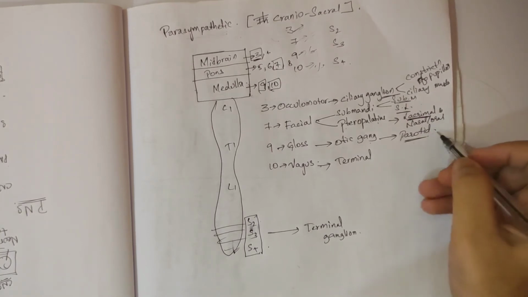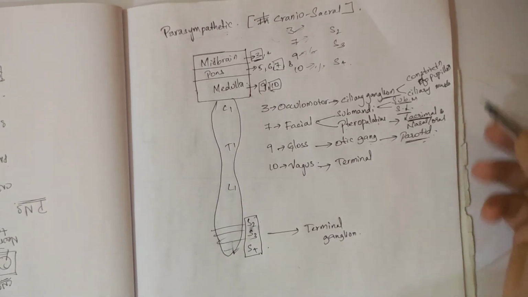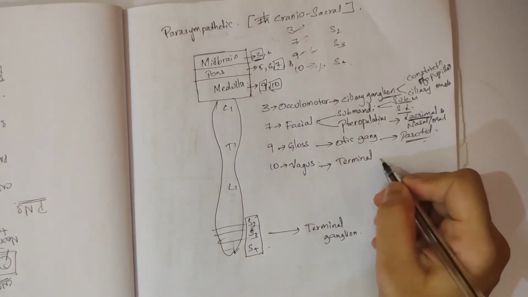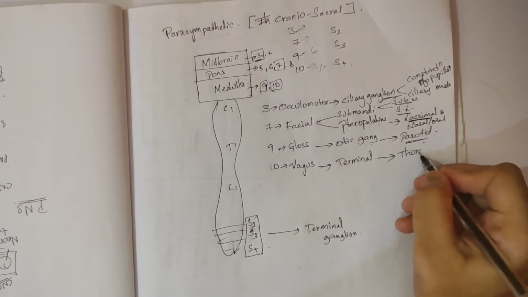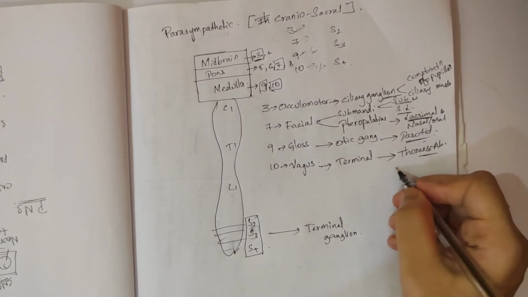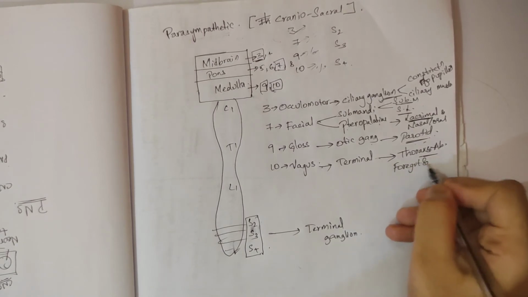That is why this is not important clinically. I hope you understand. And the terminal ganglia, it innervates the thorax and abdomen, like foregut and midgut.